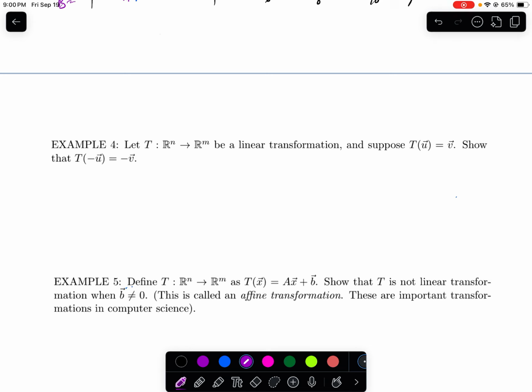So we have to show T of negative u is the negative of T of u. We start with the fact that because it's a linear transformation, T of ru is going to be r times T of u. Why? Because T is linear.